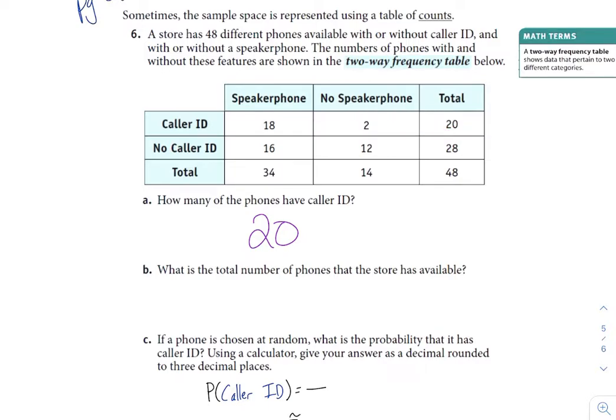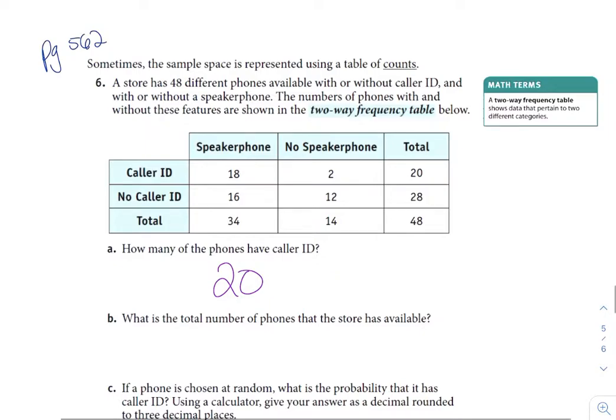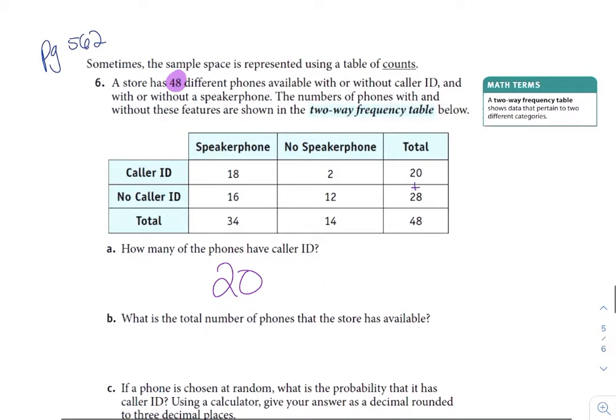All right, and then it says, what is the total number of phones available in the store? There's a couple ways of doing this. The first way is they actually tell you 48 if you read the paragraph, so we know there's a total of 48 phones. Or you add the totals to find the total. The total on the rows was 20 caller ID plus 28 no caller ID, for a total of 48 phones.